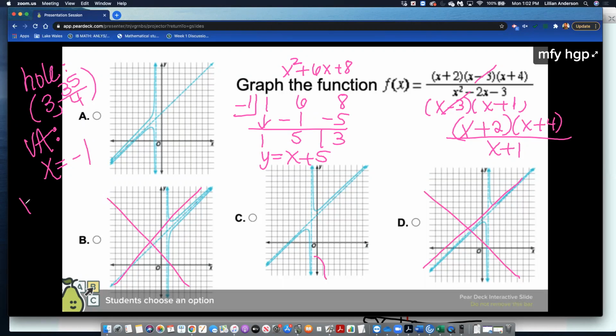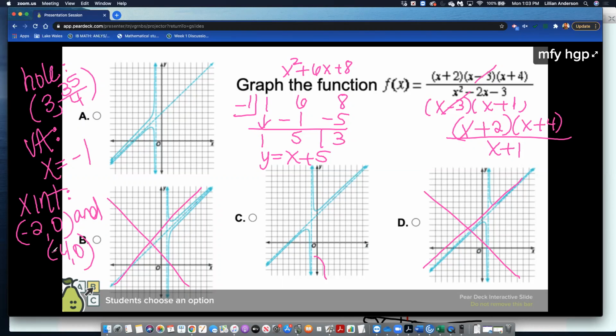What are my x-intercepts? -2, 0, -4, 0. So as we can see from the ones that remain, I'm looking for -2, 0, and -4, 0.